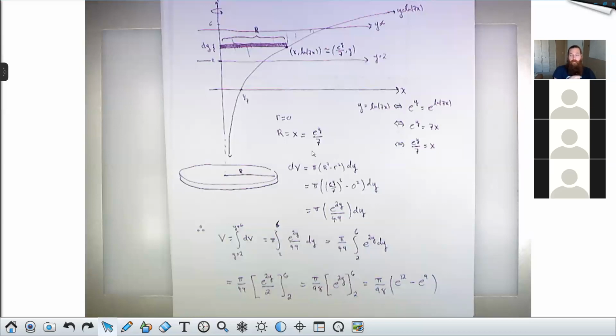Excuse me, sir. Why can't we say r equals 2, the second line y equals 2, at this point, not the whole thing, where the graph has the intersection?